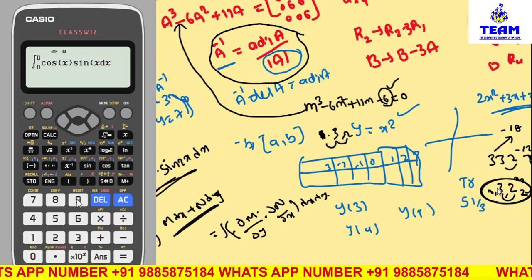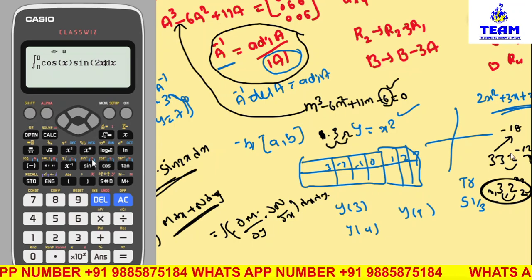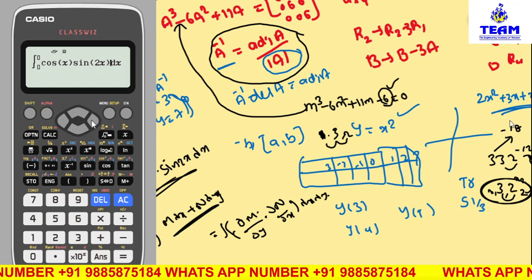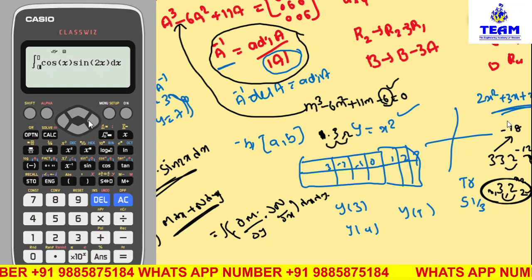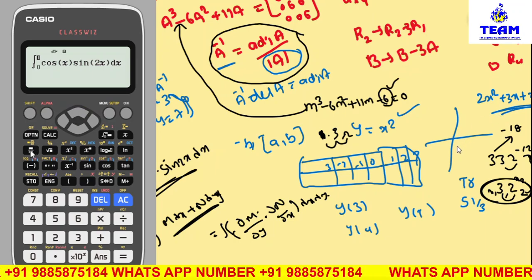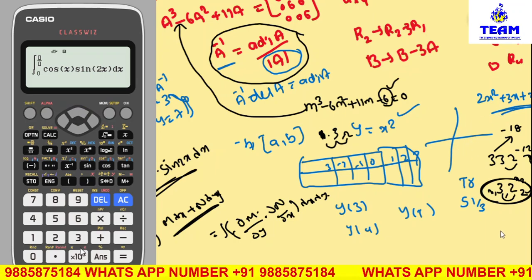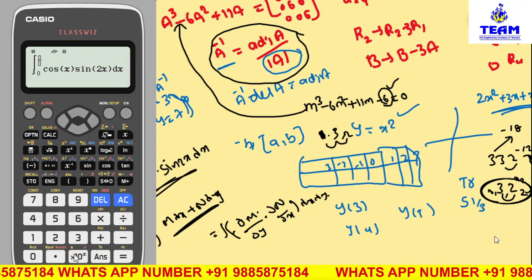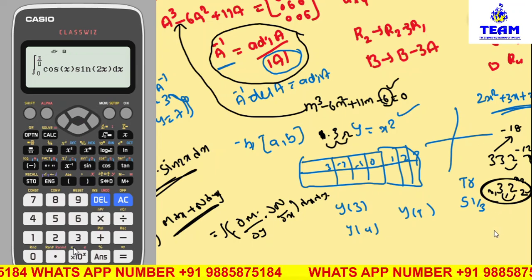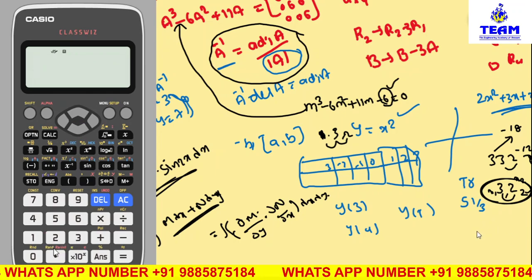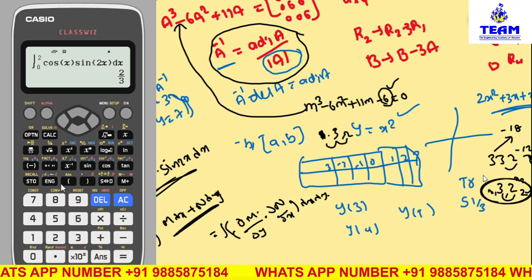So left joystick, don't worry, you can correct it easily. Now limits: from 0, the upper limit is pi by 2 as a fraction, so press this button, shift 10 power, pi by 2, equals. What are you getting? You see, it is loading: 2 by 3 is the answer.